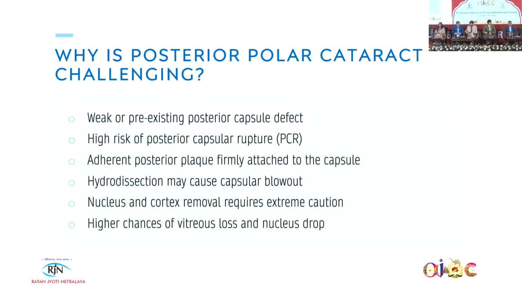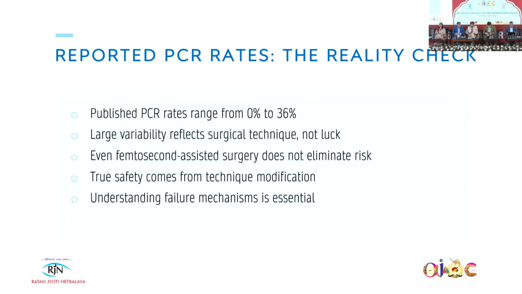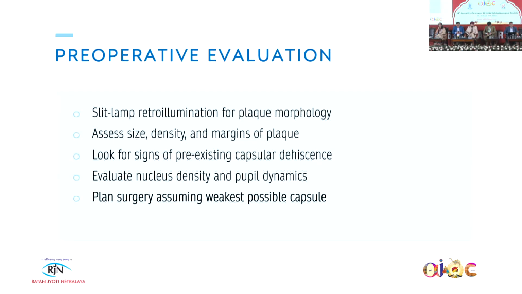It is challenging because of the weak, pre-existing posterior capsular defect, and there is a high chance of posterior capsule rupture. The published PCR rate is 0 to 36%, but it can be anything. Even in experienced hands, the rent can occur in these cases.